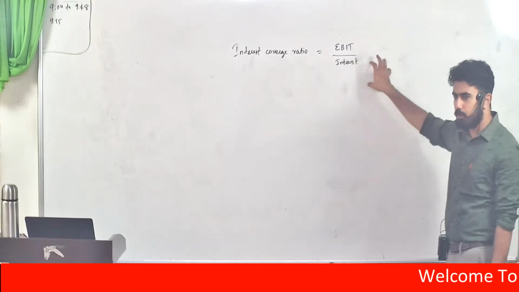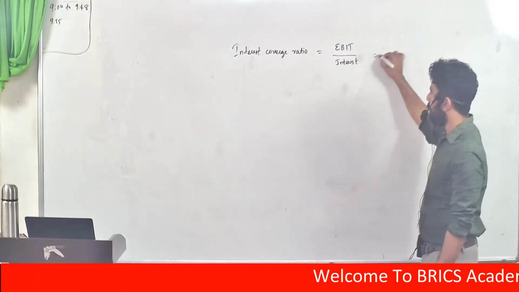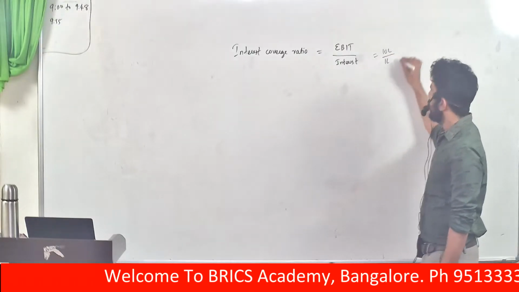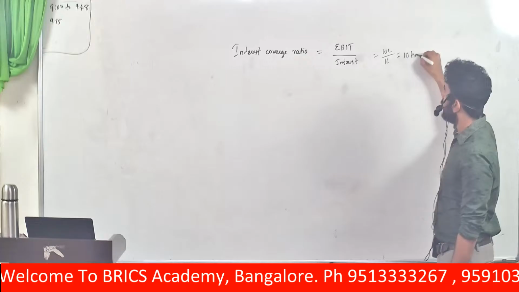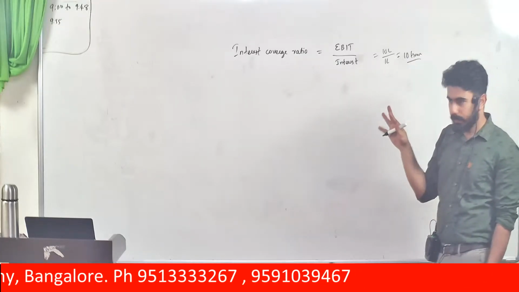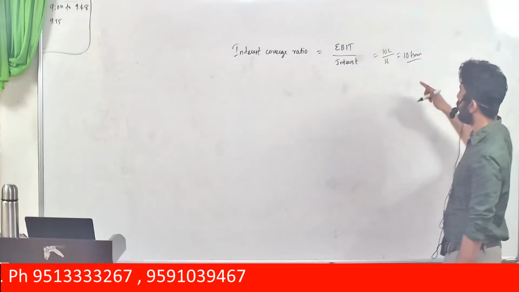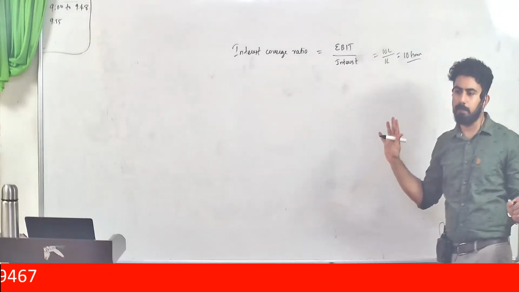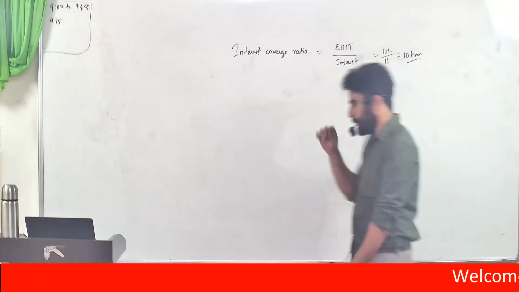Say for example, you have 10 lakhs as EBIT and interest is 1 lakh. Means your ability to meet the interest is 10 times. Currently only 1 lakh is required, but you still will be able to meet it. That is what this coverage ratio will mean.